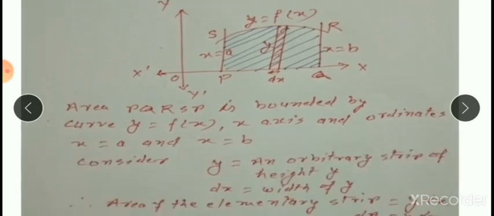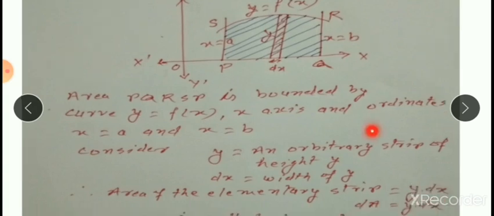Here this y is known as an arbitrary strip of height y. Its width is dx. Then area of this strip will be y dx. Then area of that small part is dA = y dx.